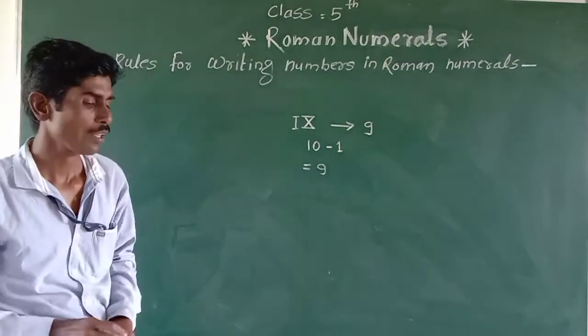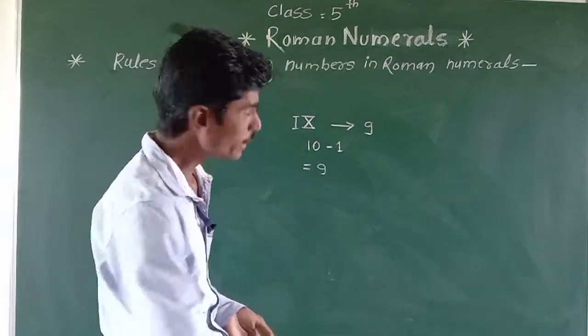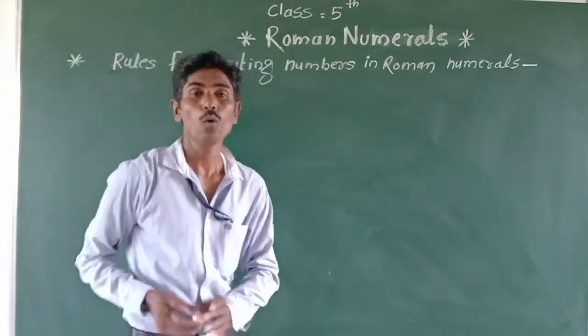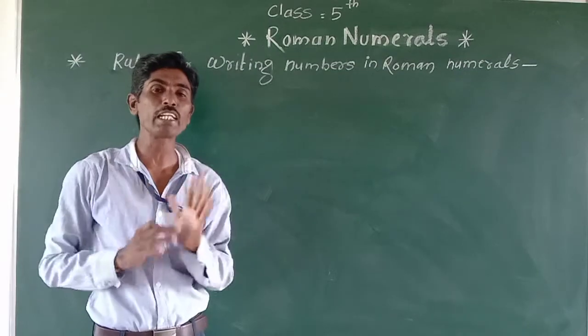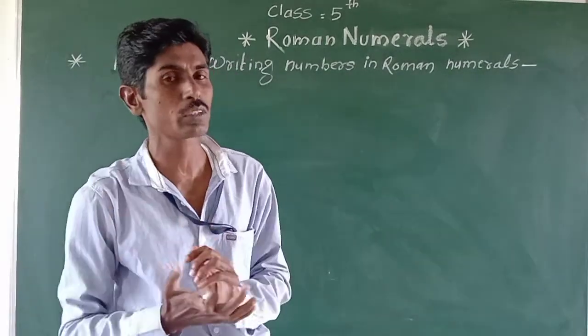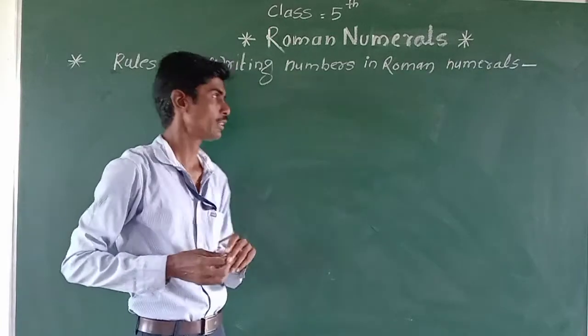Then the third rule is that a symbol can be repeated only 3 times, not more than 3 times.